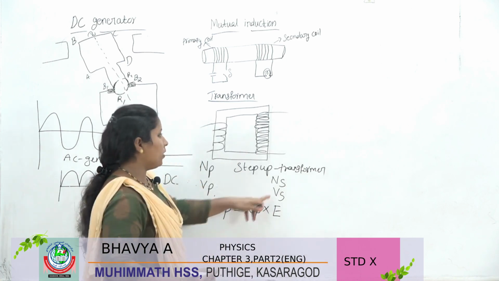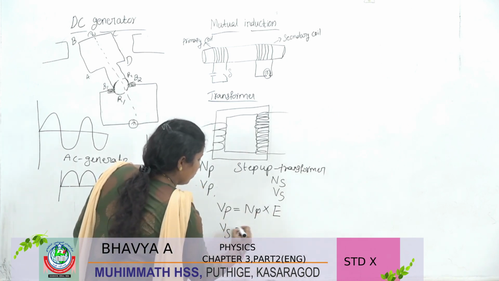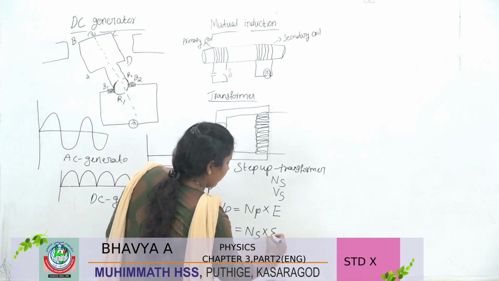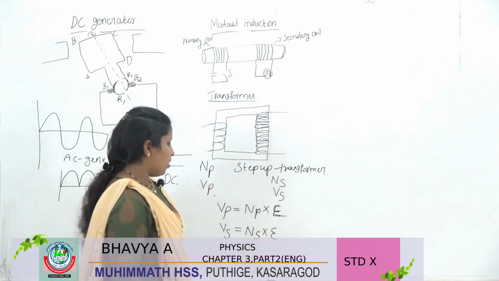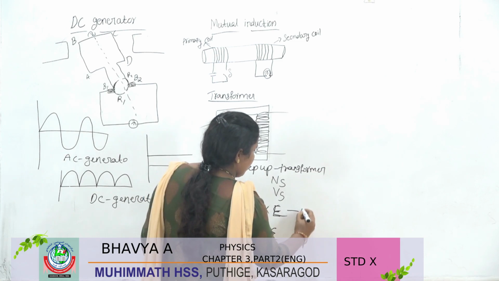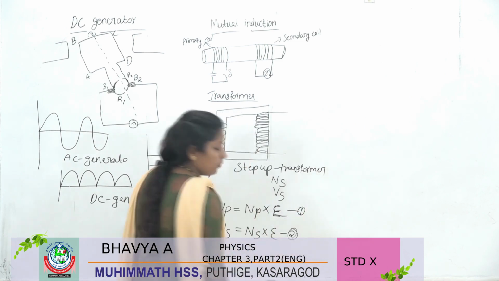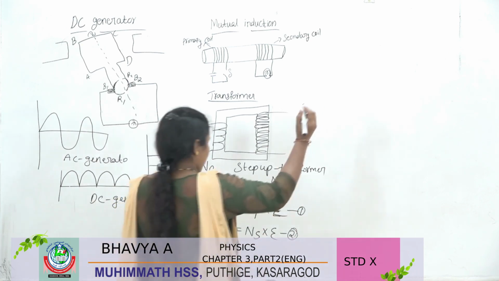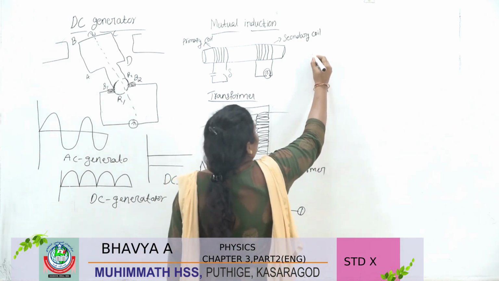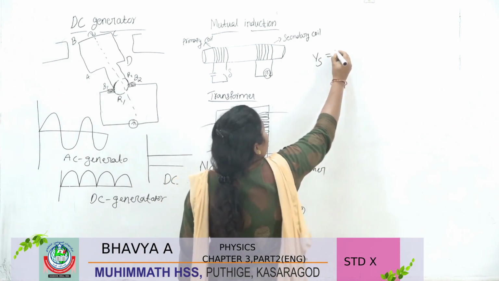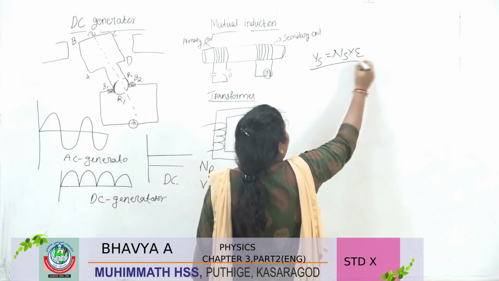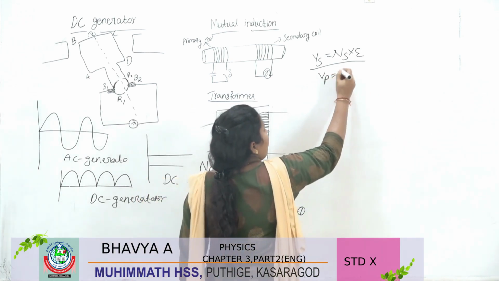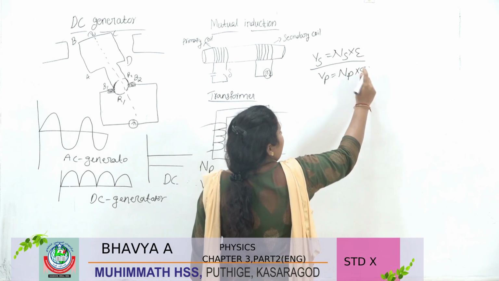Same process for the voltage in the secondary: VS is equal to NS into the EMF E. We write this as equation 1 and equation 2. So we divide equation 2 by equation 1: VS is equal to NS into E, divided by VP is equal to NP into E. E means EMF.